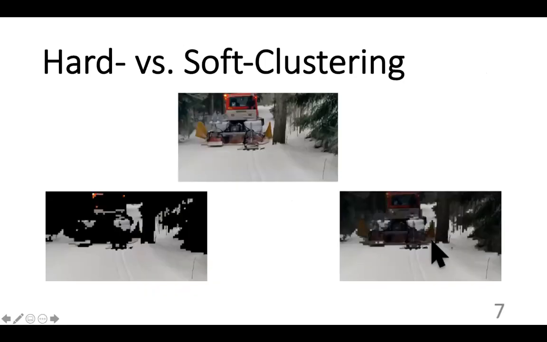And this we can do with soft clustering. In soft clustering, we don't assign a data point or a patch to one and only one cluster, but we assign each data point to several clusters, and we specify a degree of belonging by which a data point belongs to a cluster.